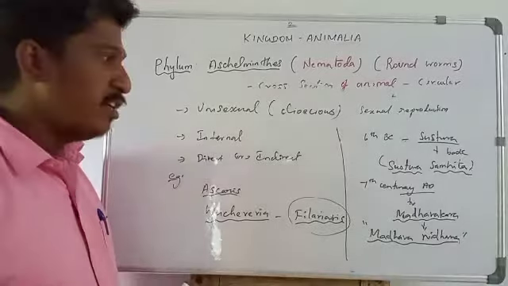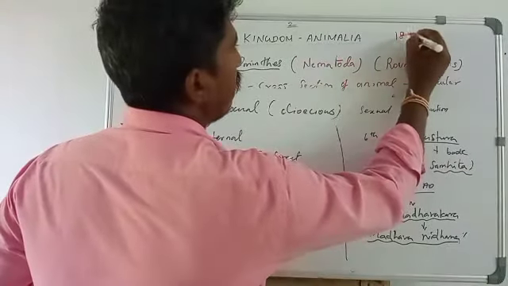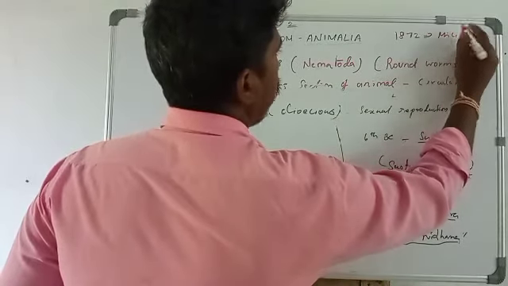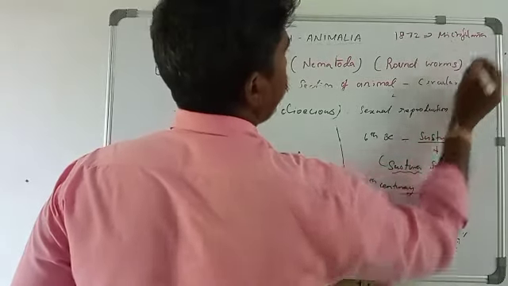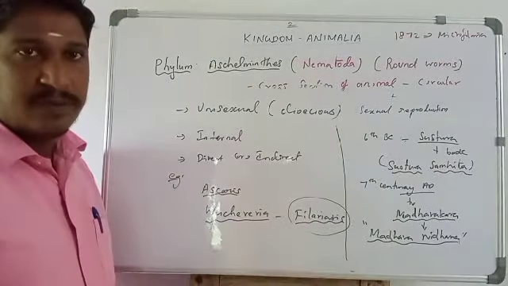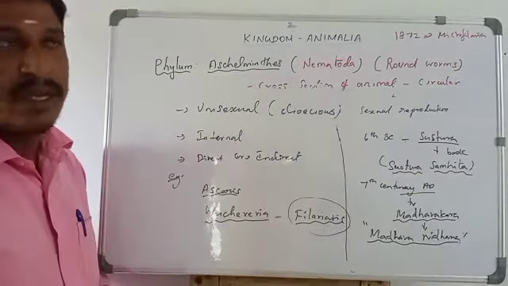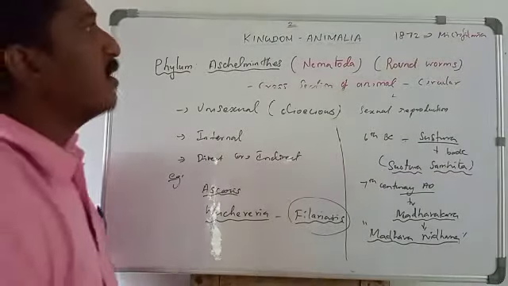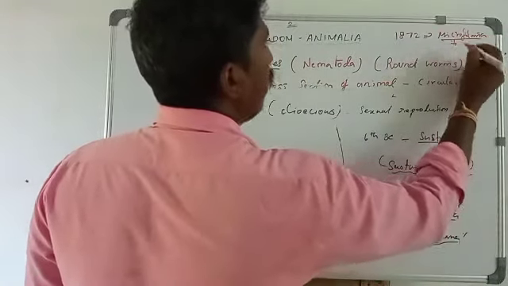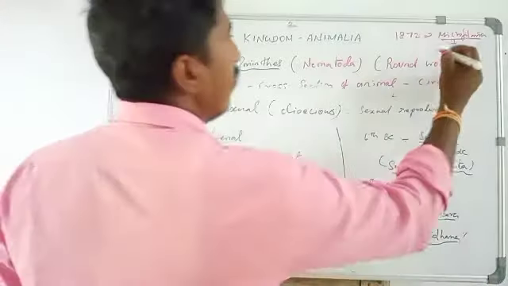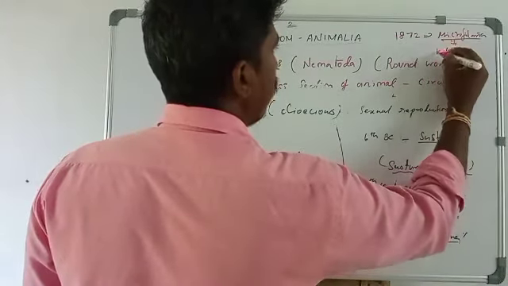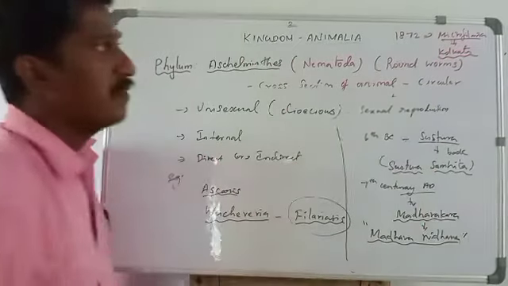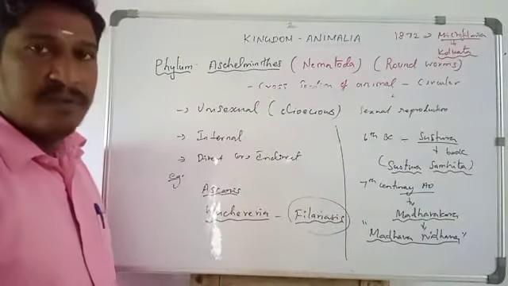In 1872, microfilaria was extracted from blood in Calcutta, now called Kolkata. So this is some important information regarding filariasis.